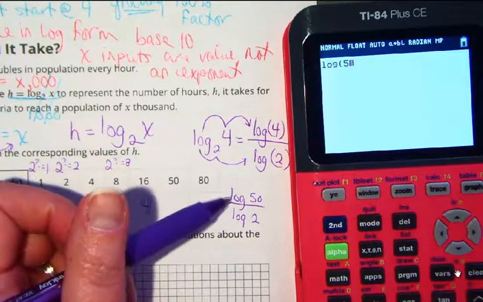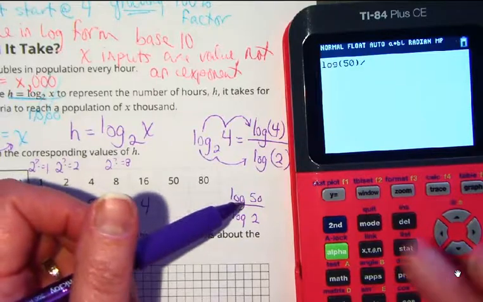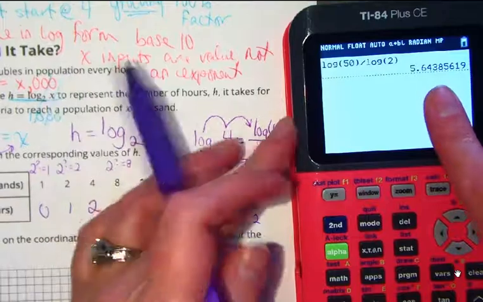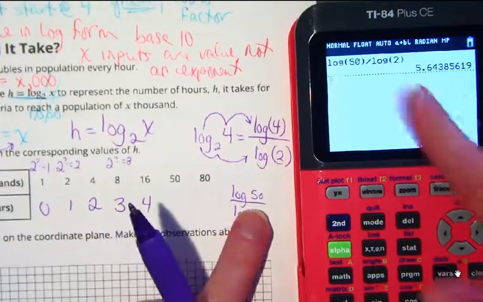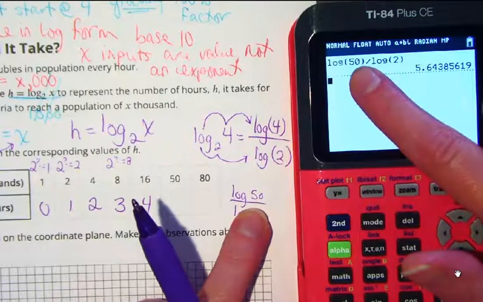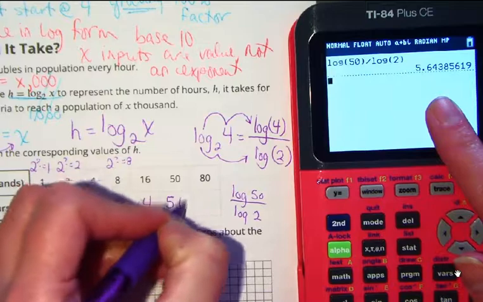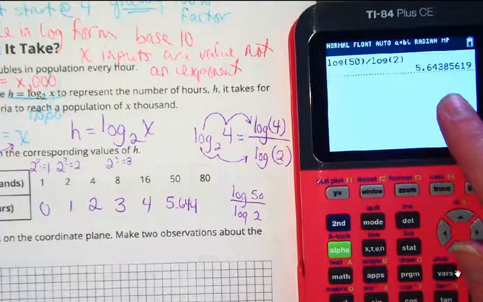So sorry about that, I forgot to close my parentheses. So log 50, at least I knew that there was something wrong there. I'm even going to leave that mistake in my video because it's good to show mistakes sometimes. So I needed that log 50 divided by log 2. Make sure you close those parentheses. We should be getting about 5.644, rounding to 3 decimal places.